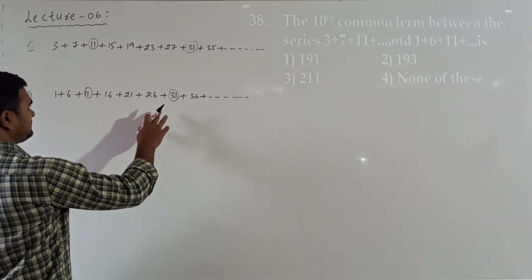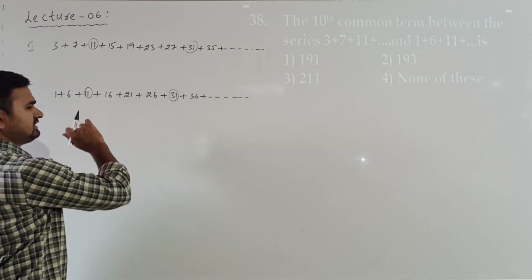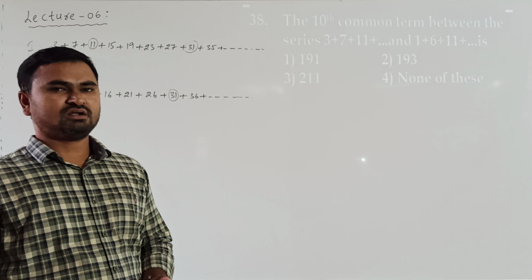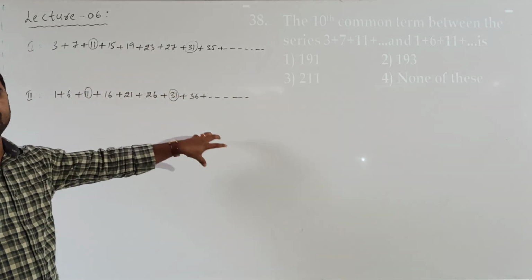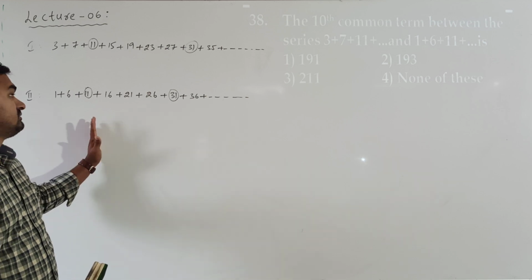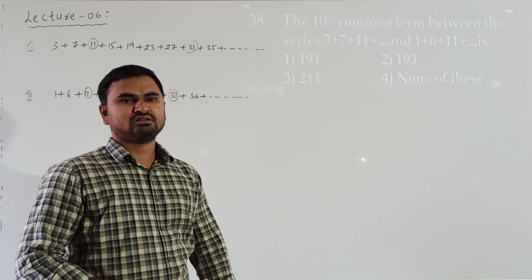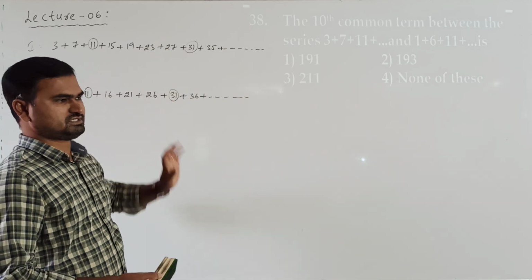Since the second common term is 31, the difference is 20. So common difference of the new arithmetic progression formed by taking the common terms is 20. We know first term, we know common difference. Now we can write all the terms of the new arithmetic progression.